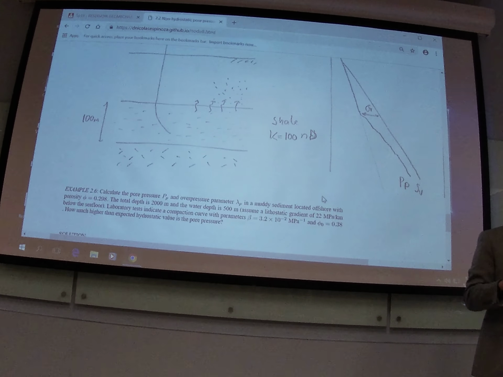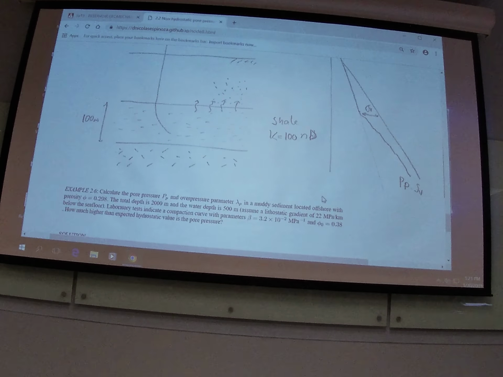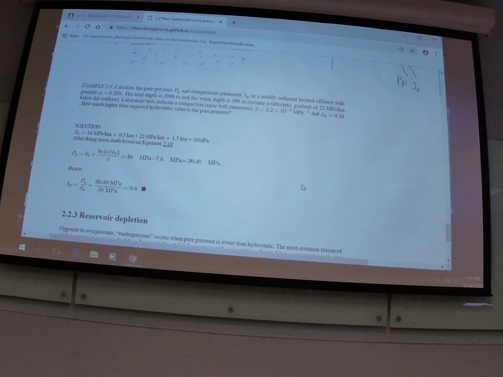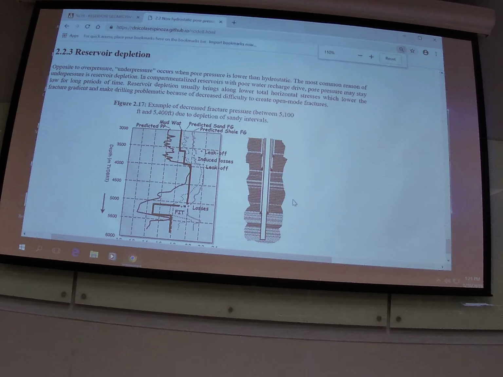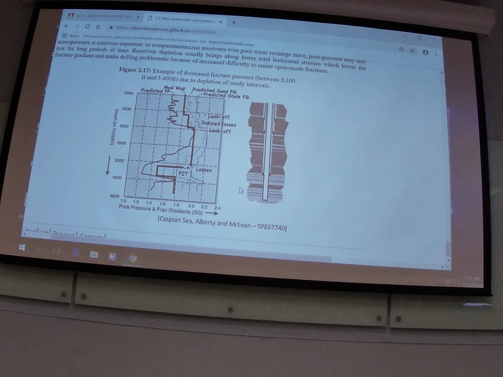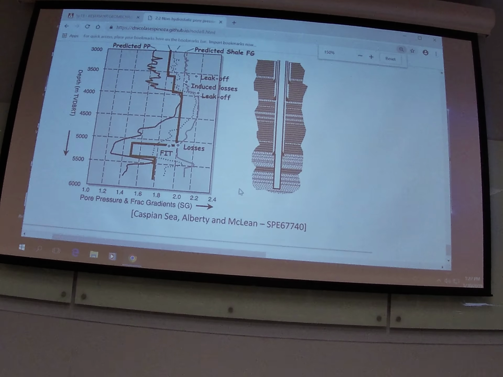And we're going to see later on that it's very important, because when you go through reservoir depletion, you could have regions in which the pore pressure is much lower than hydrostatic. So the line of pore pressure, as you get to a depleted formation, it gets lower.